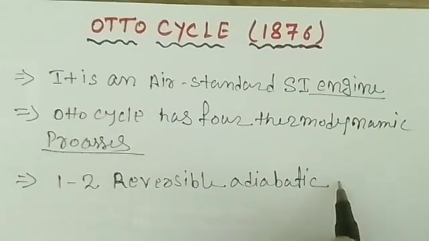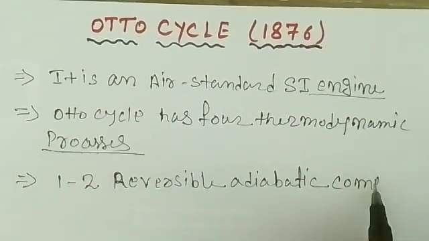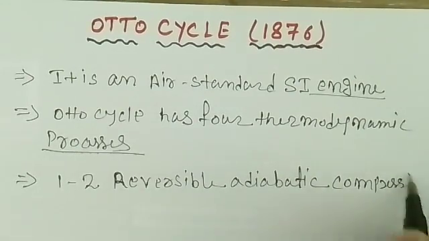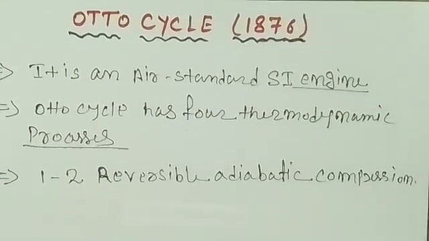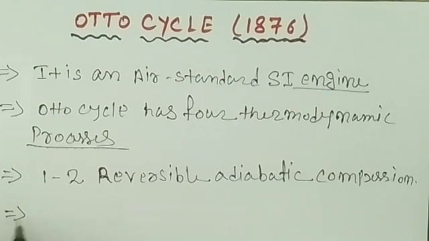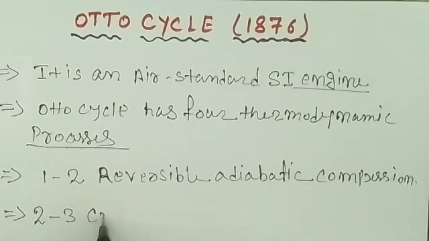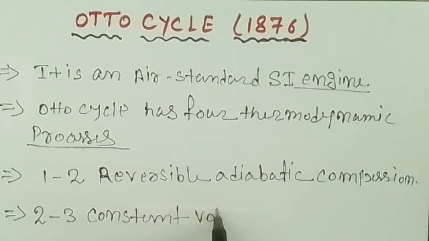After compression, you have to supply the heat. How are we supplying the heat? By keeping volume constant. So the next process, 2 to 3, is constant volume heat supplied.